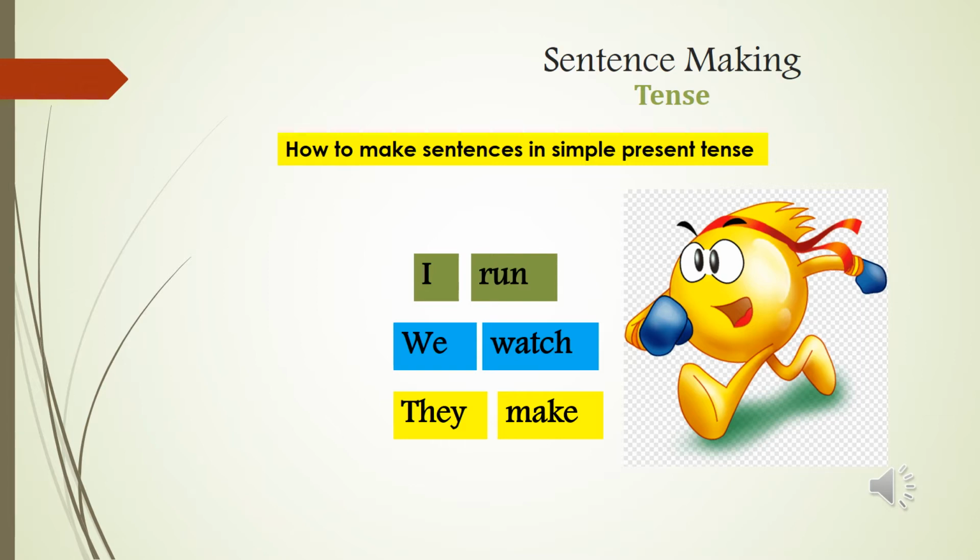Yes, there is no am, no is, no was, nothing. Only the subject and the main form of the verb. I run. We watch. They make. Like this. Simple. Subject and the verb. This is the main pattern of simple present tense.